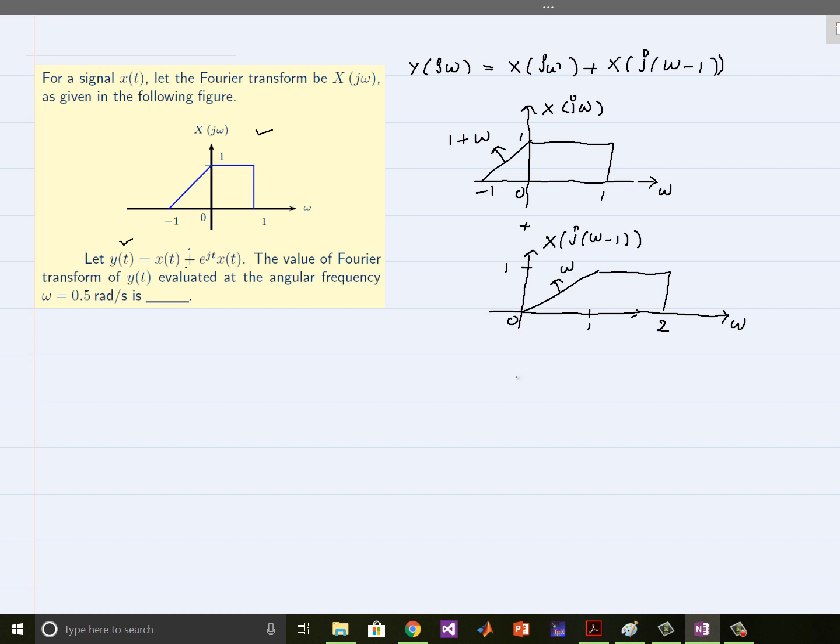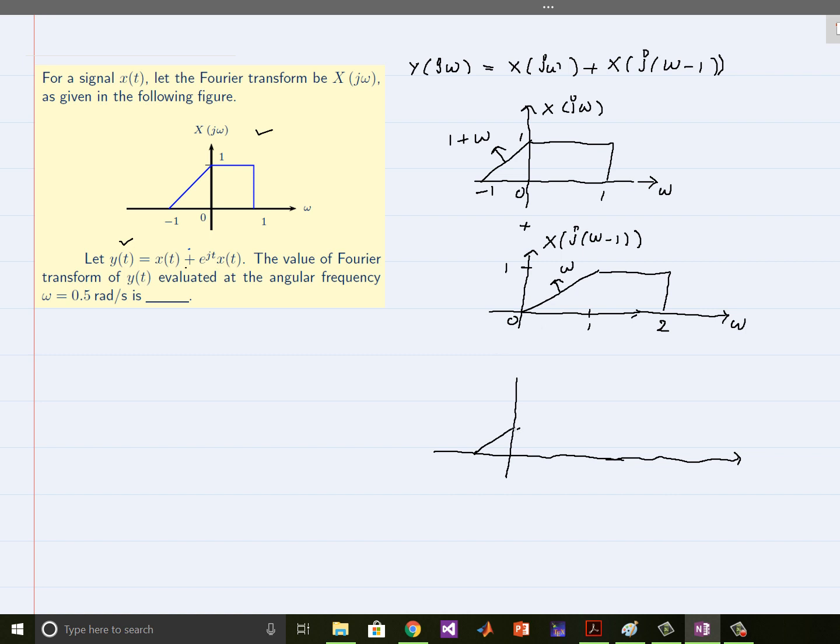Now if you add these two signals, you can plot the added signal in this fashion. From -1 to 0, it is 1 plus omega. Between 0 to 1, here we have 1, here we have omega, and hence the addition would give you 1 plus omega.